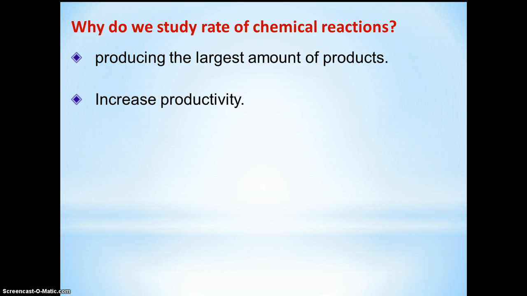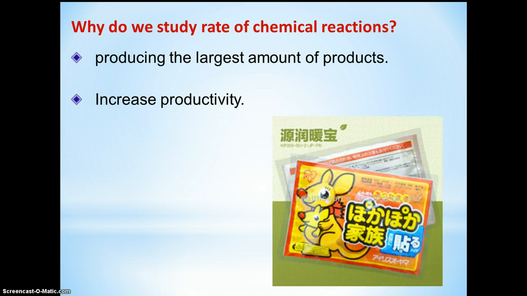Well, one example typically used to illustrate the study of the rate of reaction is a warm pack. A warm pack used in the winter time actually contains a lot of iron. We use iron powder together with some wood powder, some sodium chloride solids, and some activated carbon.